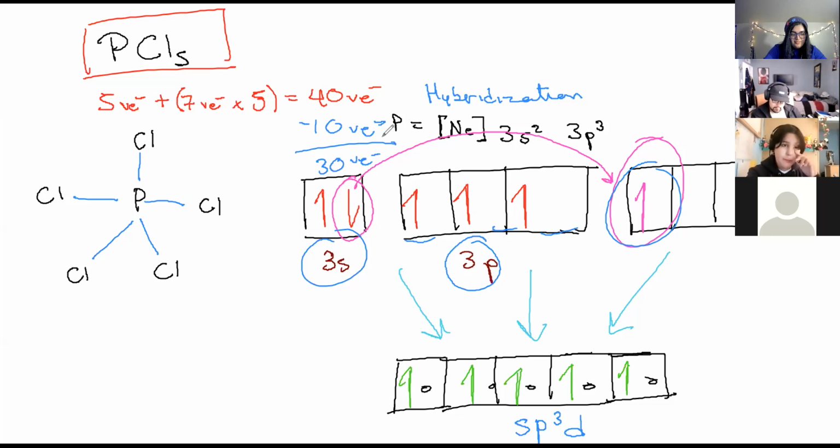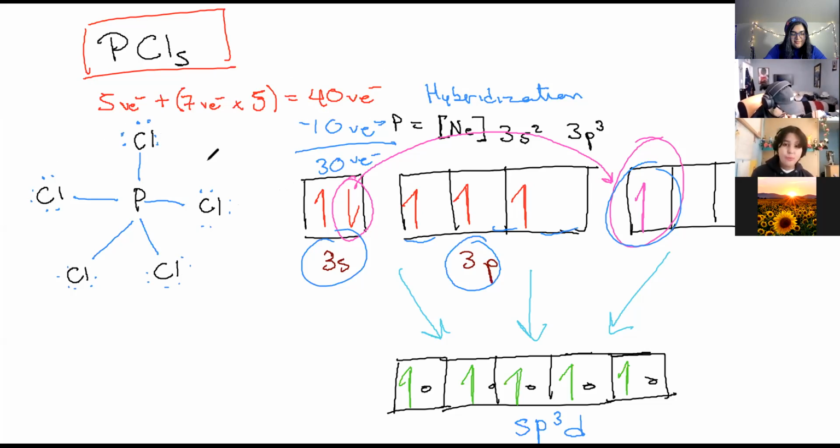The rest go on the chlorines: 1, 2, 3, all the way up to 30.